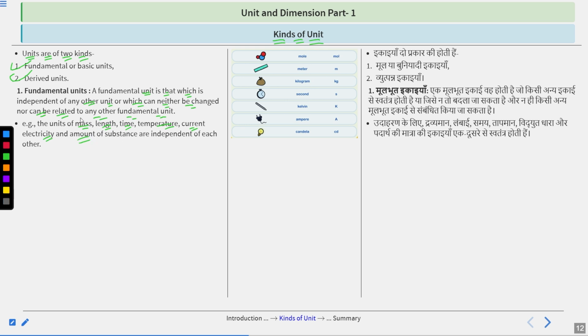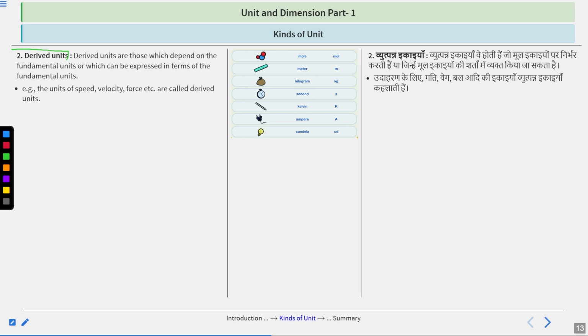These units are independent of each other. Okay, these are not interdependent. The mass has nothing to do with length, length nothing to do with time, time with temperature, temperature with current, and all. That's why these are known as the fundamental units, because these are the basic or the actual units that we could say.